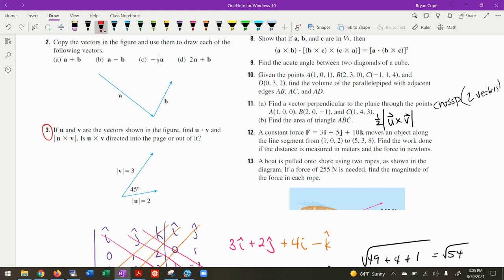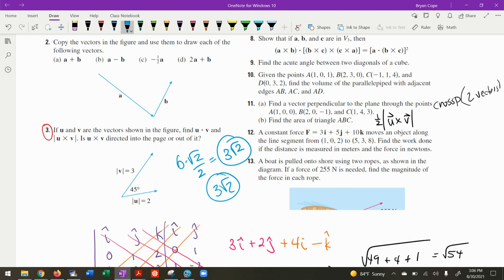That's going to be 6 times root 2 over 2. Well done. Okay, so we have 3 root 2 for the first part. And then to find the magnitude of U cross V, you could do magnitude of V times magnitude of U times sine theta. Beautiful. So it's going to be the same. Good job. Okay, now the interesting question is U cross V directed into the page or out of it?